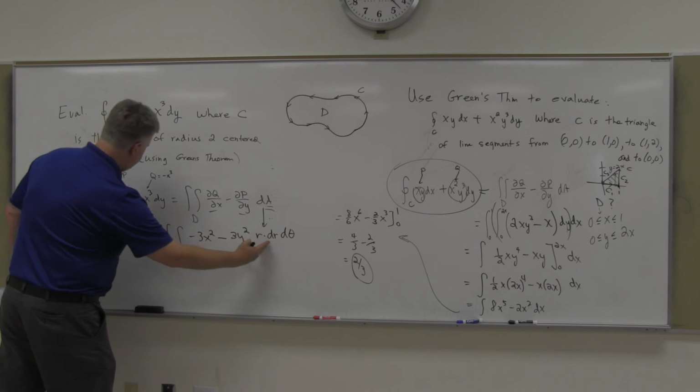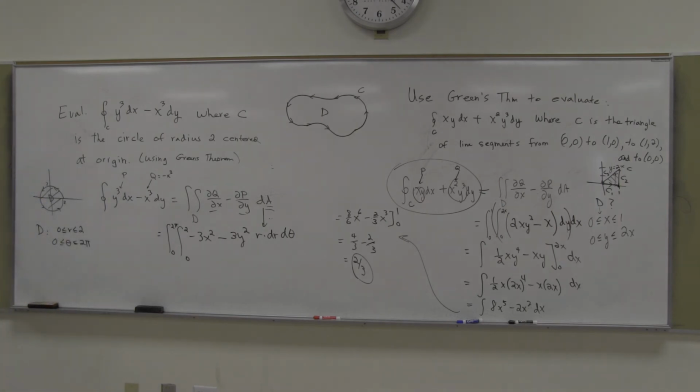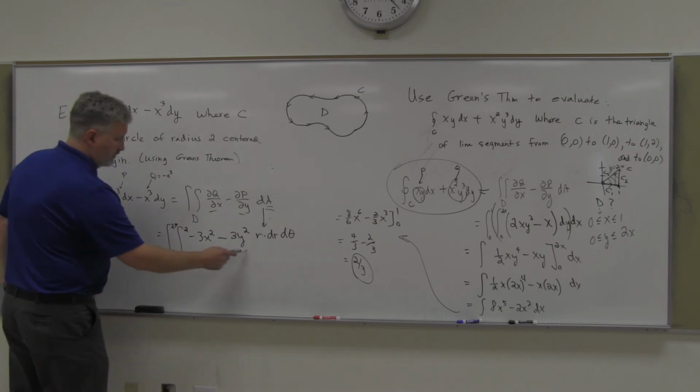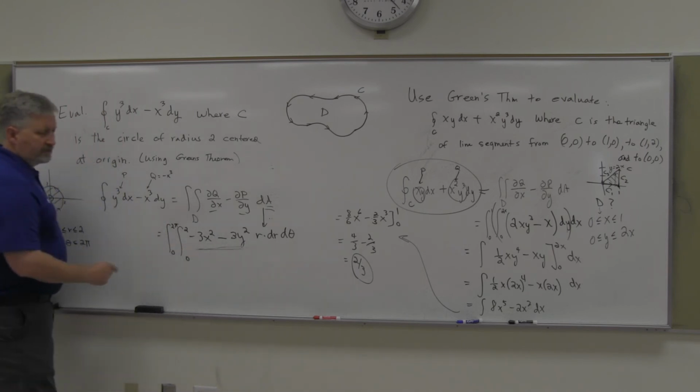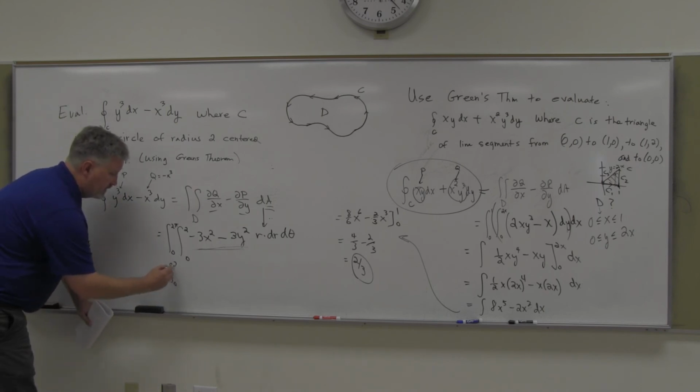And so yeah, we usually do the r's first, so that's 0 to 2, and then theta is 0 to 2 pi. So to actually evaluate this, of course we're doing it in polar, so we need to write that in polar. It's not that bad because if you factor off the negative 3, look at what you wind up with.